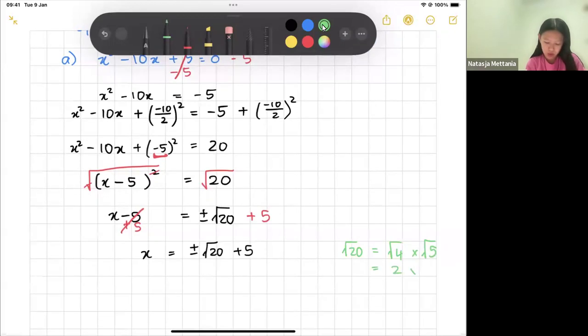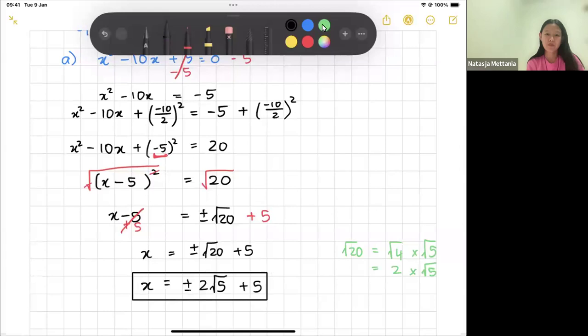Which is 2. I'm going to multiply it by square root 5. Square root 5 does not have a nice whole number, it's not a perfect square, so I'll leave it like that. So my final answer is going to be plus or minus 2 root 5 plus 5. So that's my answer for question A.